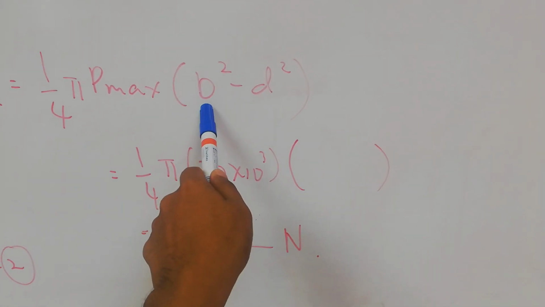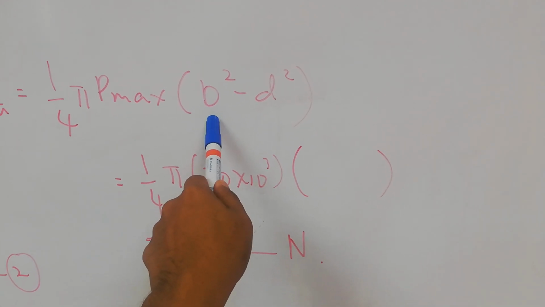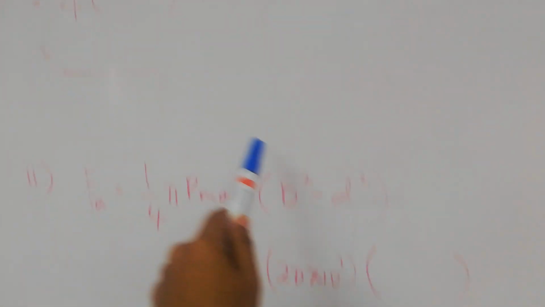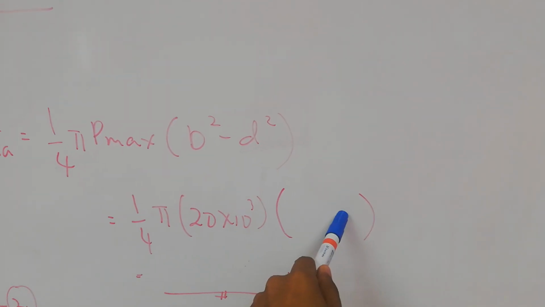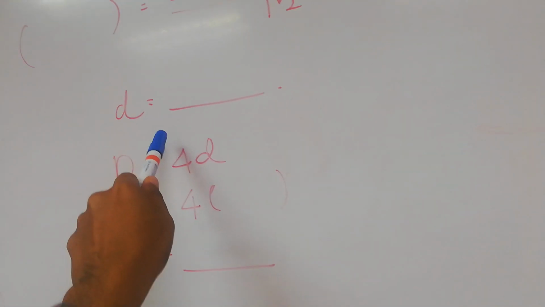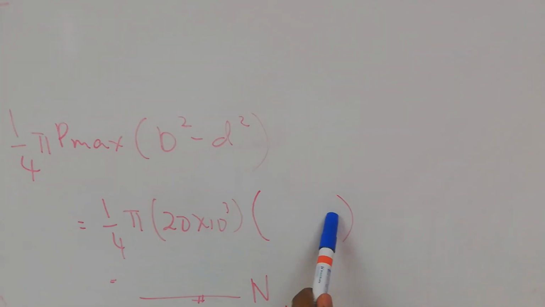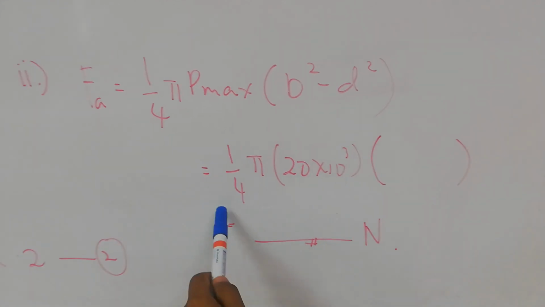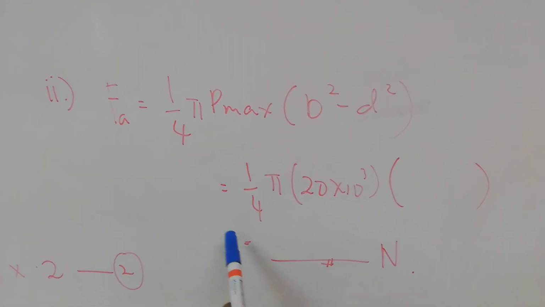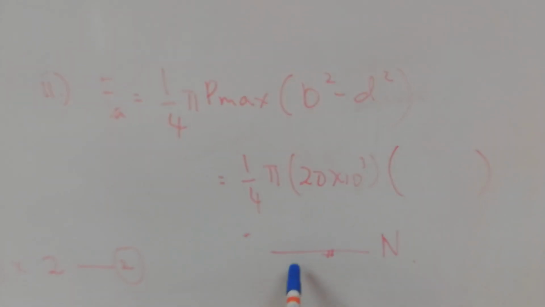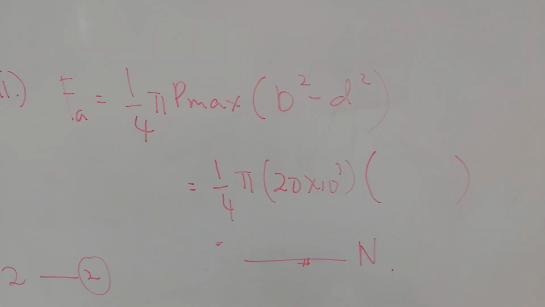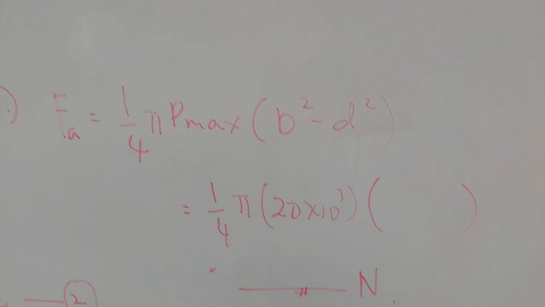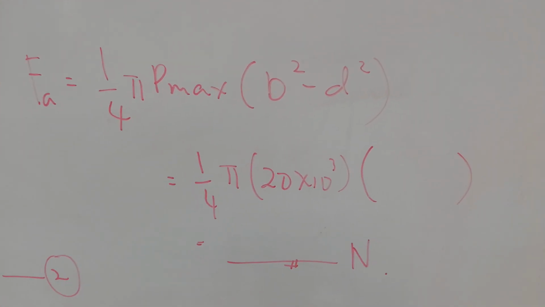The outside diameter we already determined here, so we substitute over here, and similarly for the small diameter d. Don't forget to square the values, right? And then lastly we get a value of actuating force in Newton. Okay, so I think that's the solution for this question.